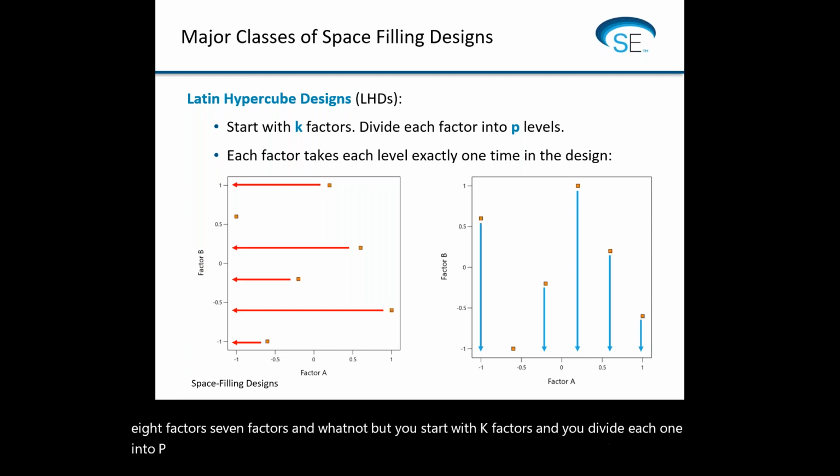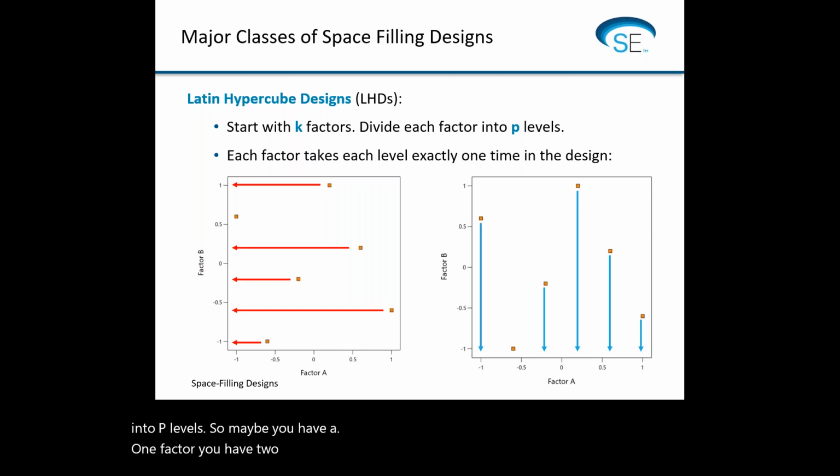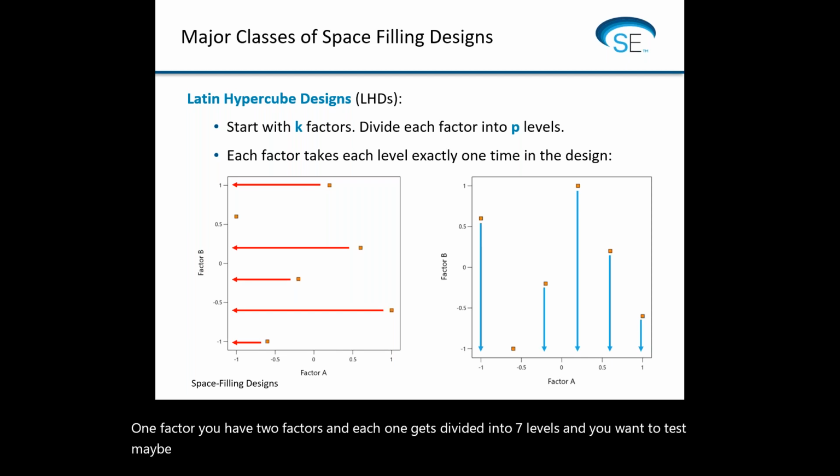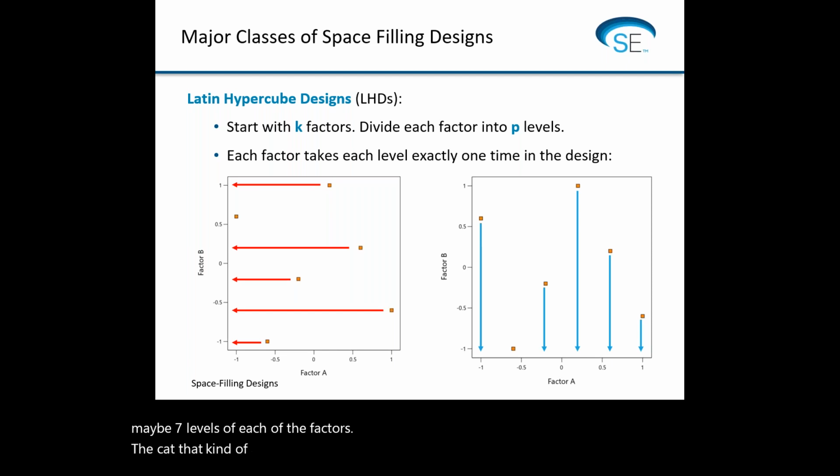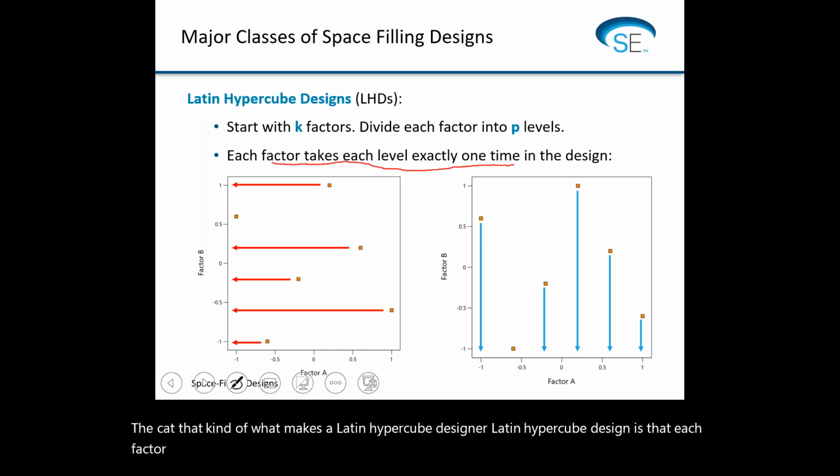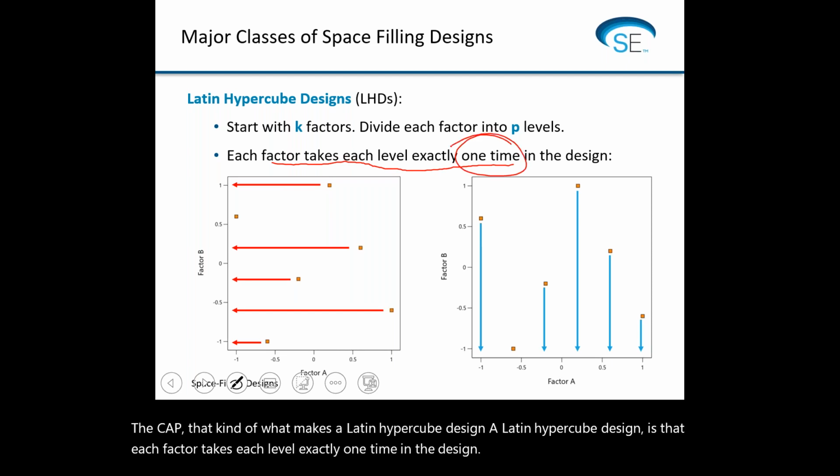So maybe you have 2 factors and each one gets divided into 7 levels, and you want to test 7 levels of each of the factors. What makes a Latin Hypercube design is that each factor takes each level exactly 1 time in the design. So what does that mean?